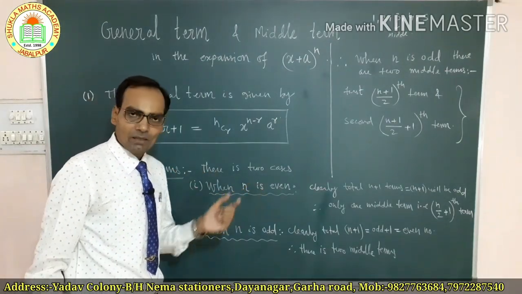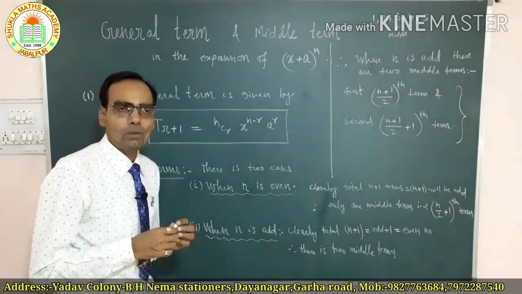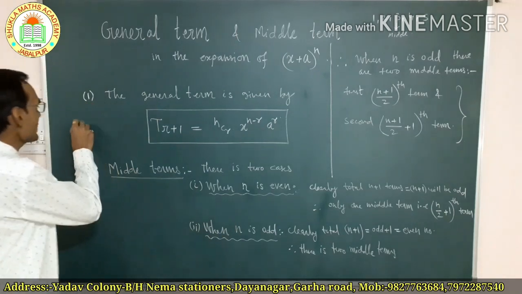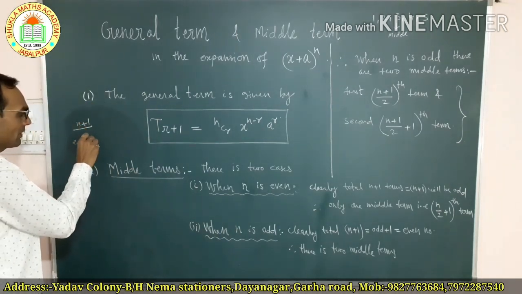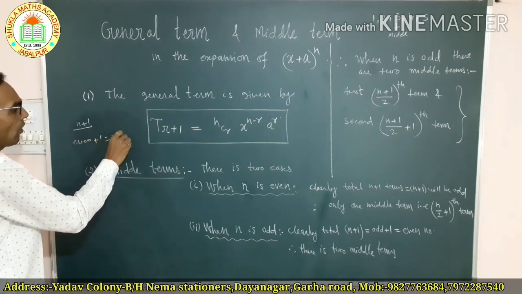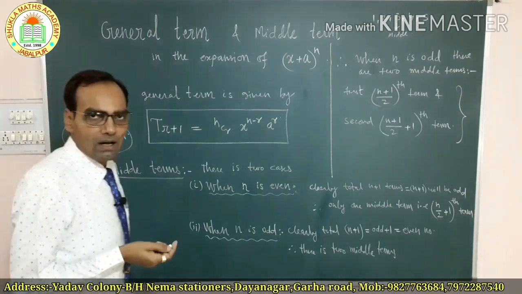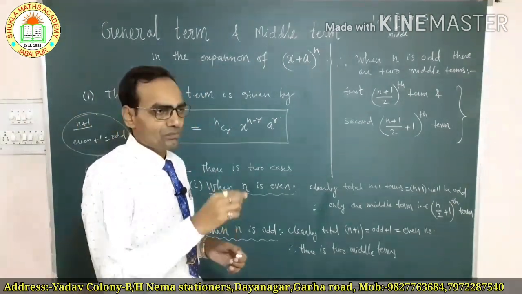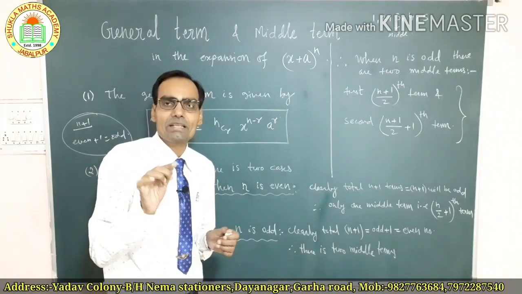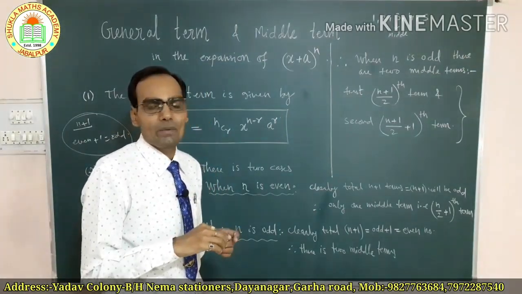If n is an even number, the total number of terms in the binomial expansion is n + 1, right? And n is even, so even plus 1 becomes odd. Remember that. So n + 1 is odd, and we know that if the number of terms in the expansion is odd, we can easily find the middle term.